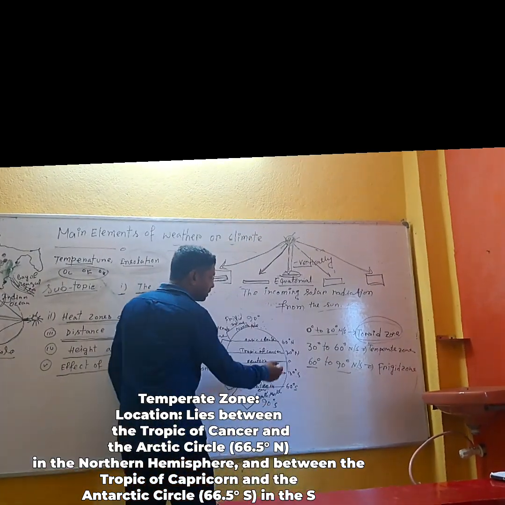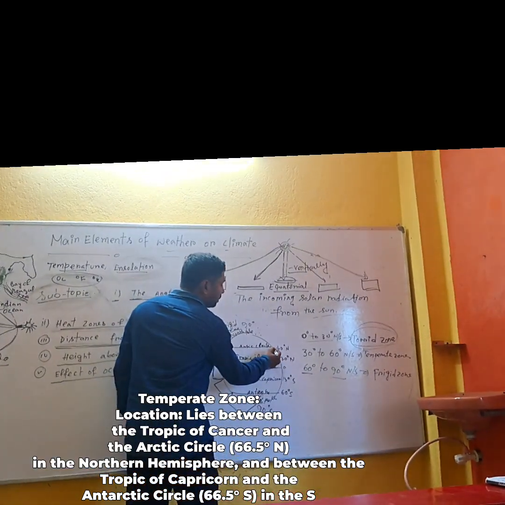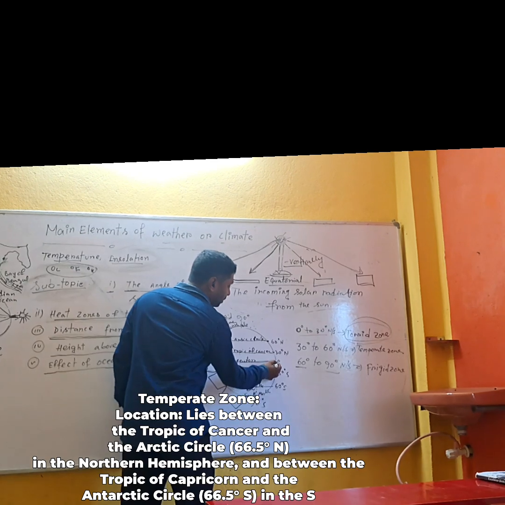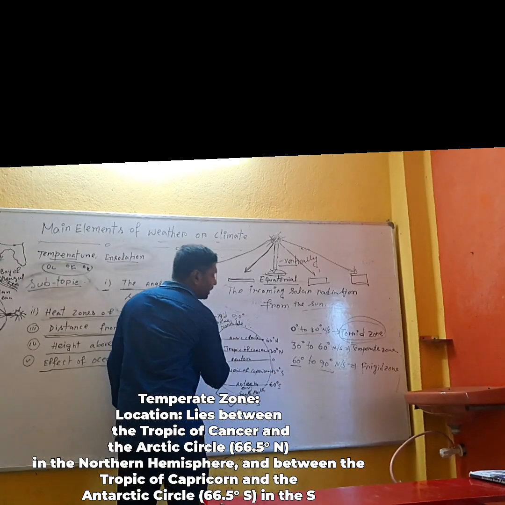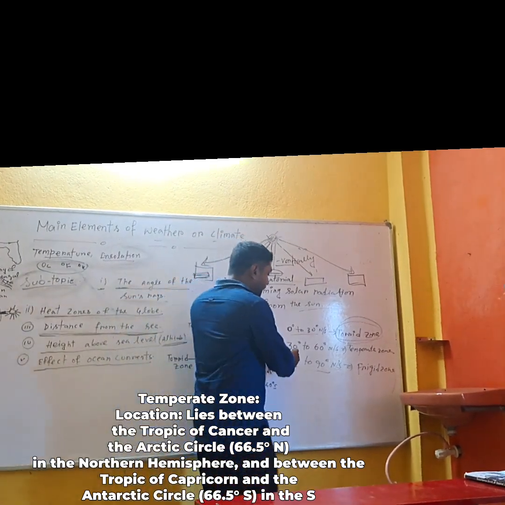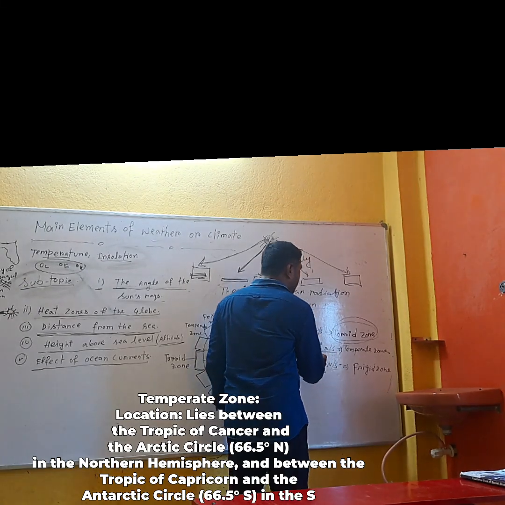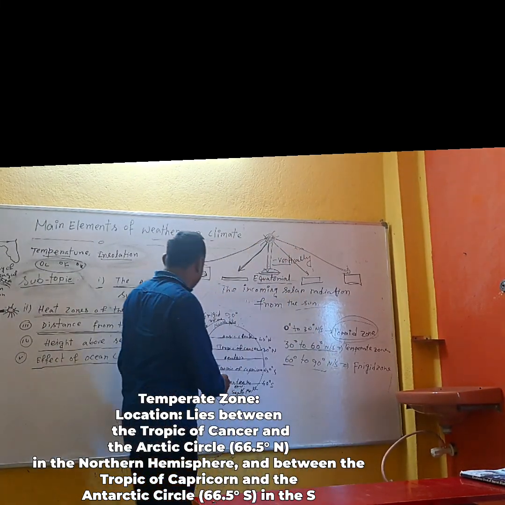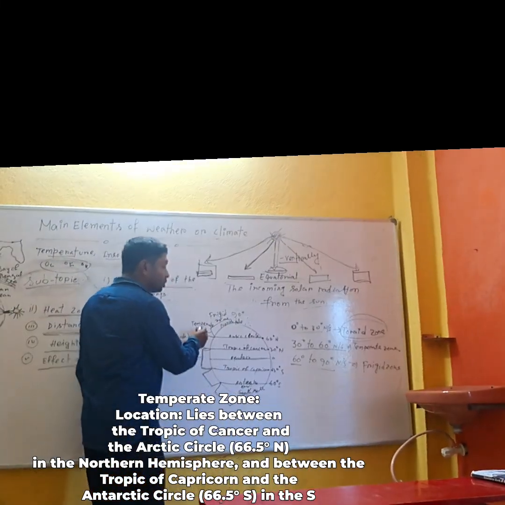Now come to the next, from 30 degrees to 60 degrees north and 30 degrees to 60 degrees south. This zone is known as the temperate zone.